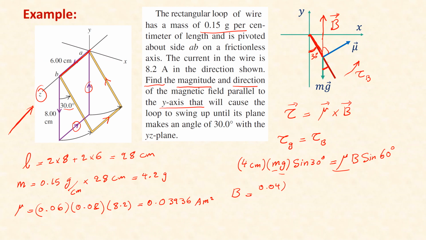Then B becomes 0.04 centimeter times M, which is 0.0042 in kilograms, and 9.8 sine 30, which is 0.5, divided by mu, 0.03936 times sine 60.